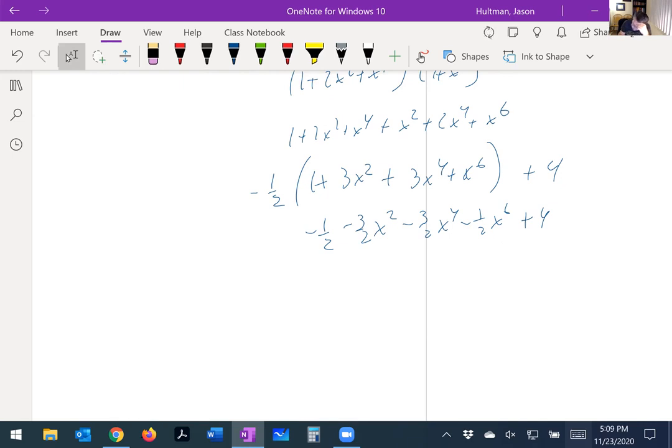Let me put this in descending order. -1/2 x to the 6th minus 3/2 x to the 4th minus 3/2 x squared plus 7/2. And we still want to integrate this from -1 to 1 dx.